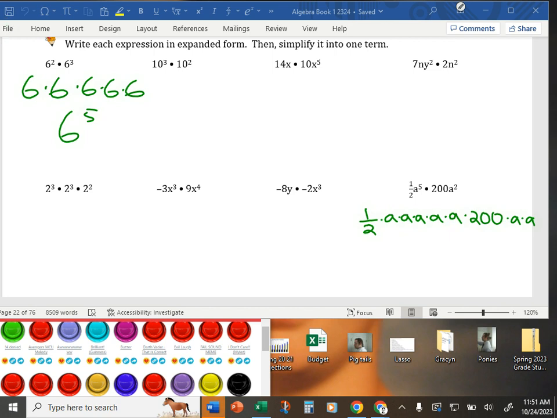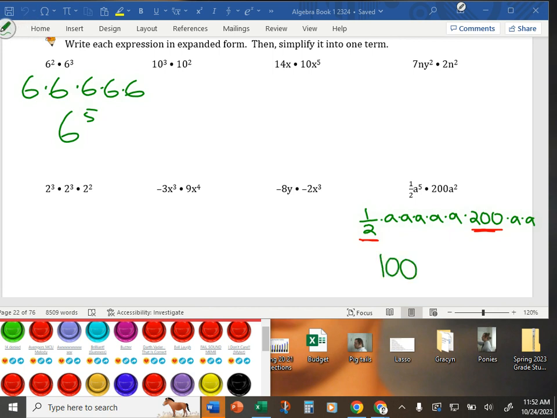Now, just like our last example that we did up above, we're looking to combine our coefficients and our like bases. Our coefficients here are 1/2 and 200. What's 1/2 times 200? 100. Remember that word times, that word of, they mean the same. So half of 200 is 100.